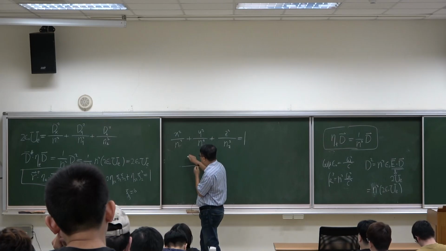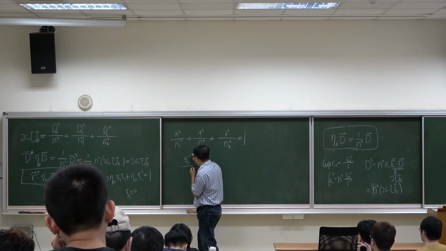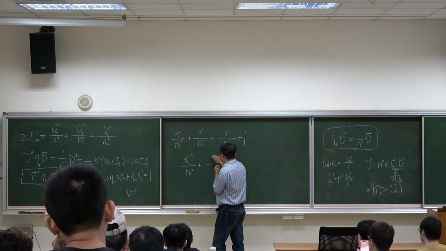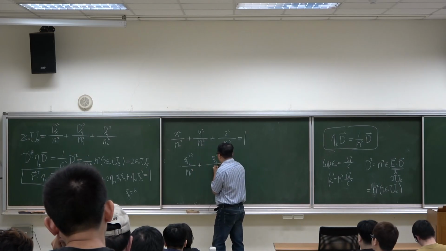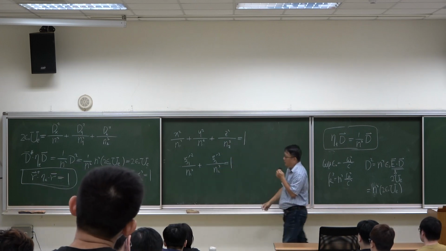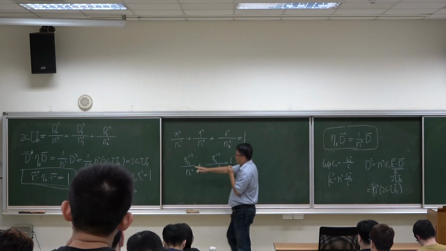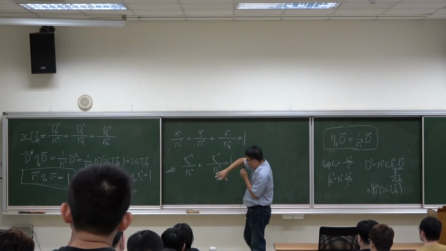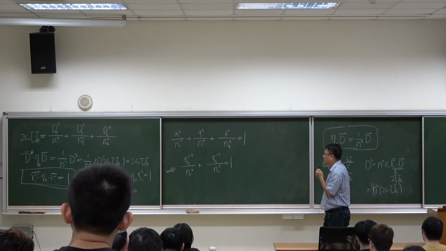This becomes cos 1 prime squared over n1 squared plus cos 2 prime squared over n2 squared equal to 1. Okay, this form can be changed into this form by rotation with respect to the s-axis.